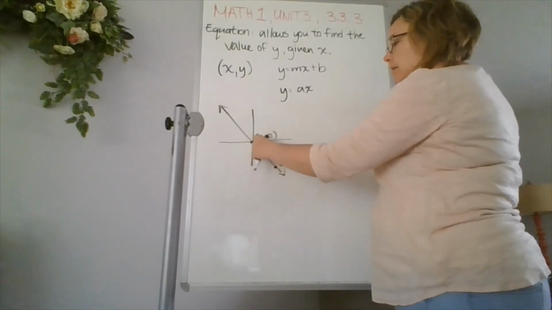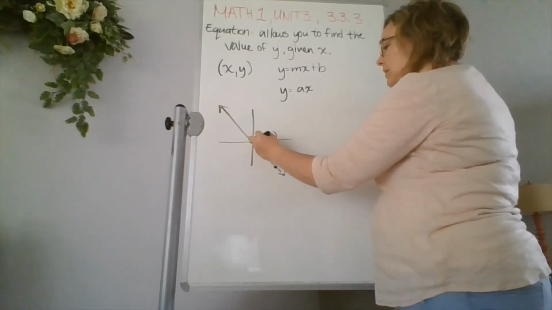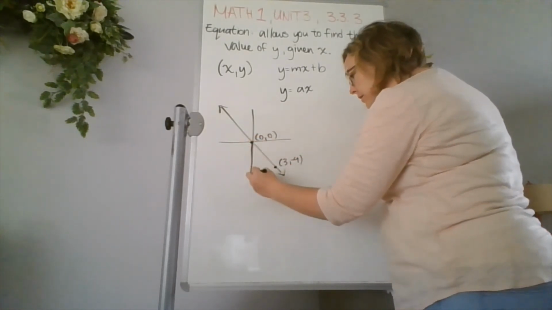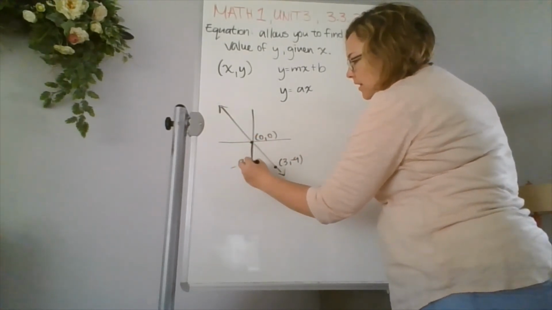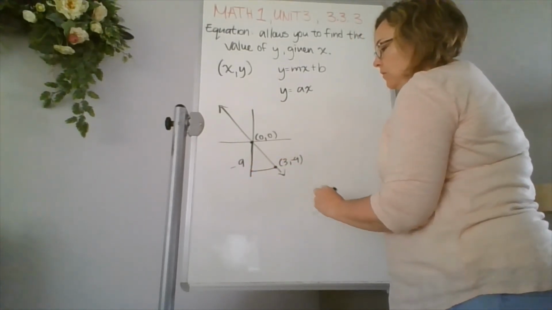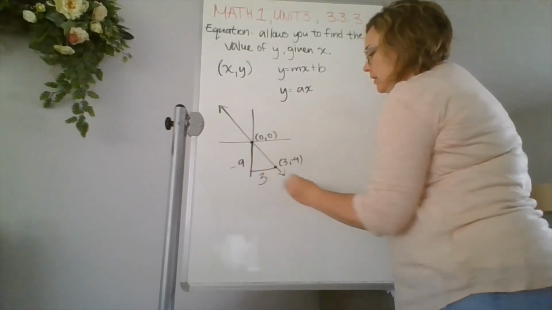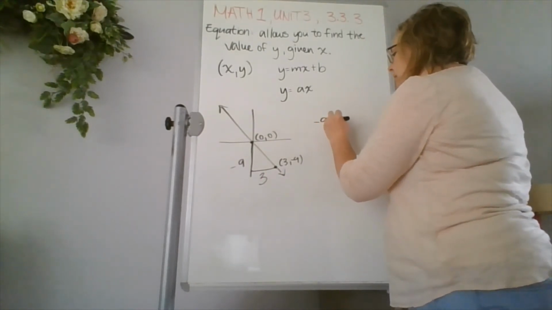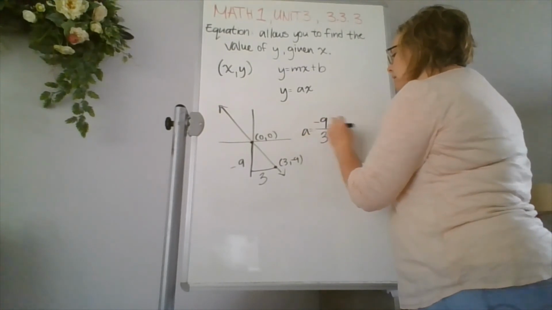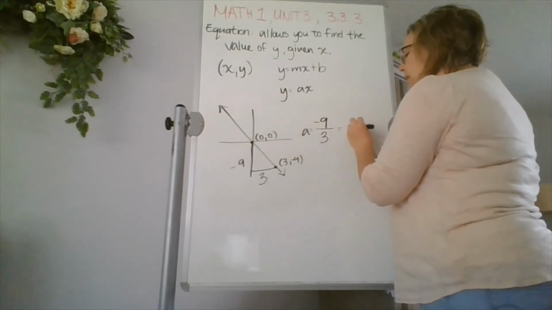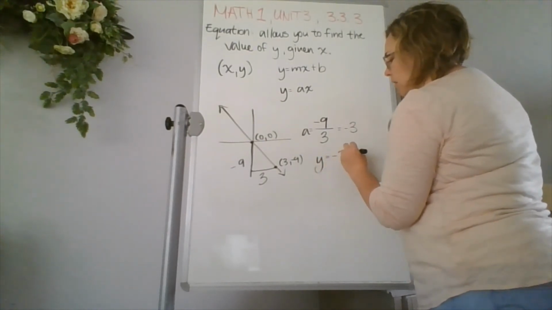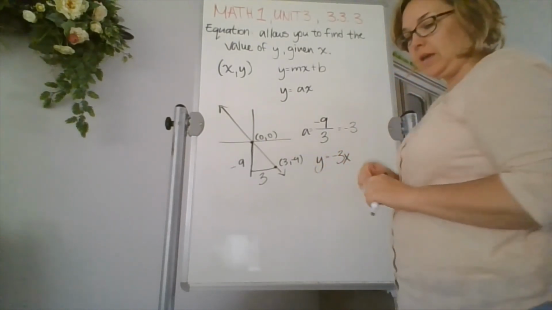The rise is the up and down. So we're going to go down 9. This drops down a -9 amount, and we run, or move left and right, 3. So our rise is -9, our run is 3. -9 divided by 3 is -3. So our equation is y equals -3x.